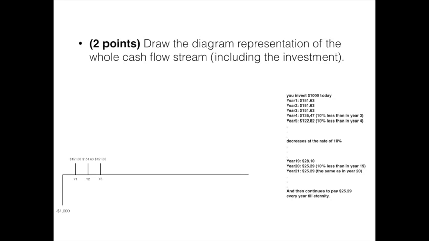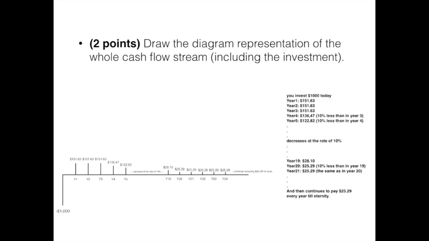Then you have 3 payments of $151.63. Then this cash flow starts to decrease. It gets smaller and smaller until it reaches 25.29 in year 20. And then it continues paying 25.29 forever, until eternity. That is approximately how it would look.